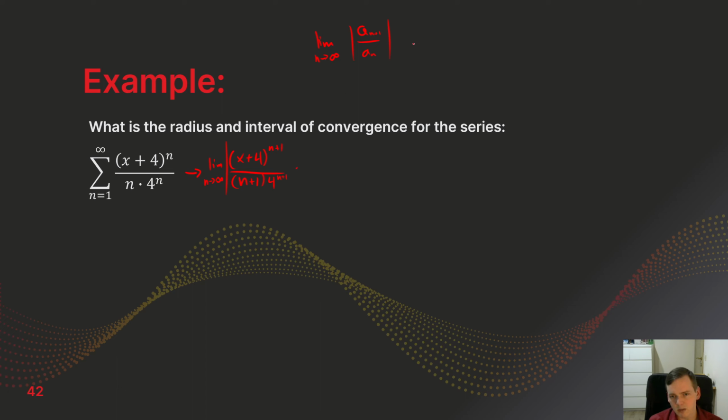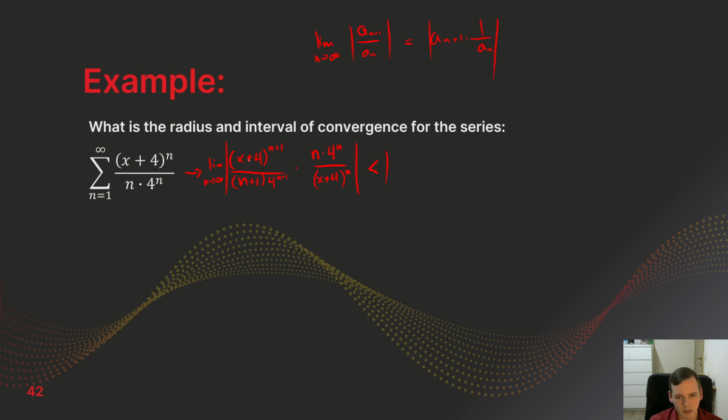But I can also write this as a n plus 1 times 1 over a n, which when we have fractions like this is convenient because then I can just do the reciprocal. So I have n times 4 to the n over x plus 4 to the n. And this needs to be less than 1.